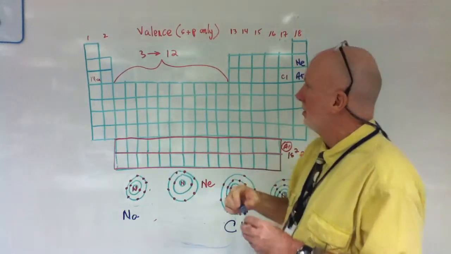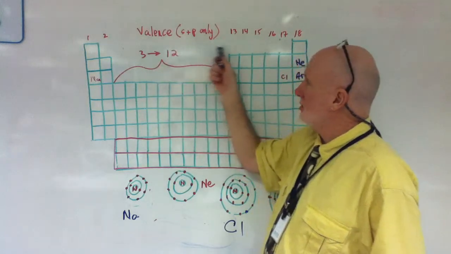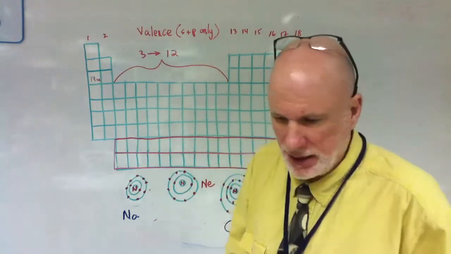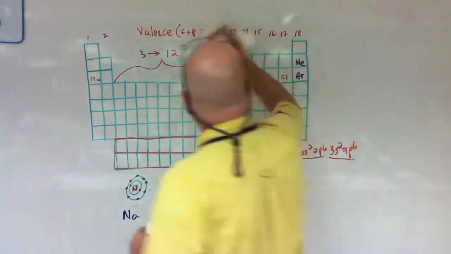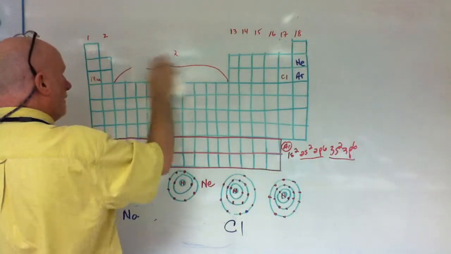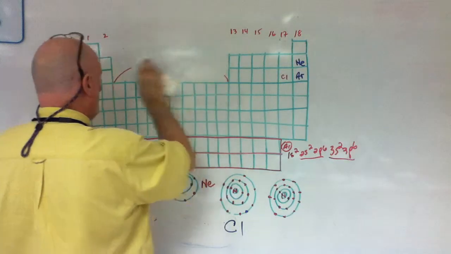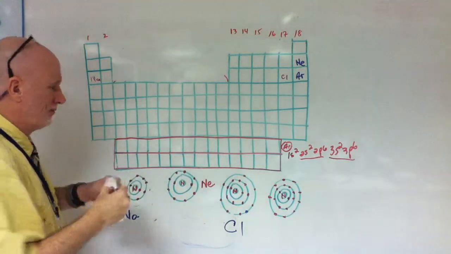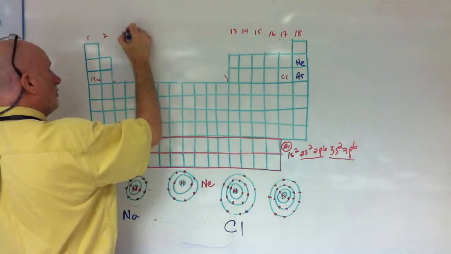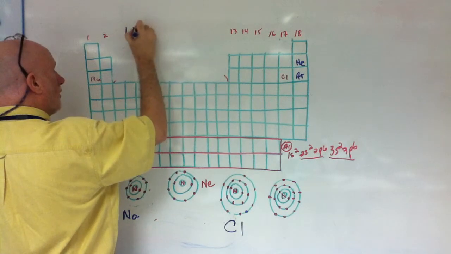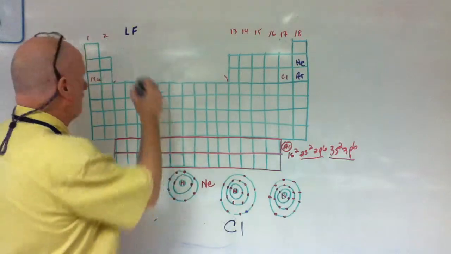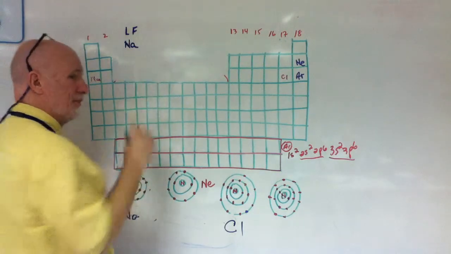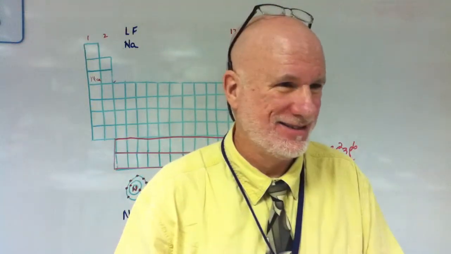So, valence electrons are just S and P only. So I can erase some of this stuff, right? May I? Okay. I'm going to erase this. Now, I want to do long form electron configuration for sodium after it reacts.